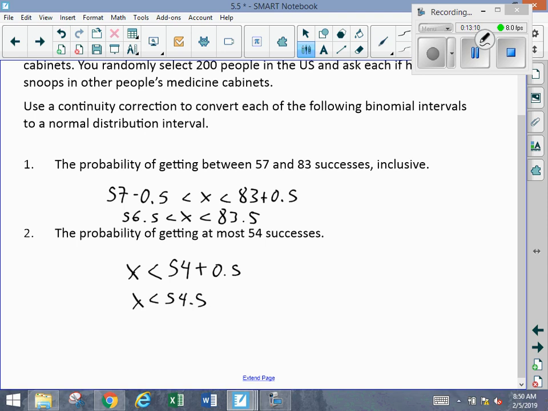All you gotta do is just add 0.5, or subtract 0.5 from each end of your interval. Alright.